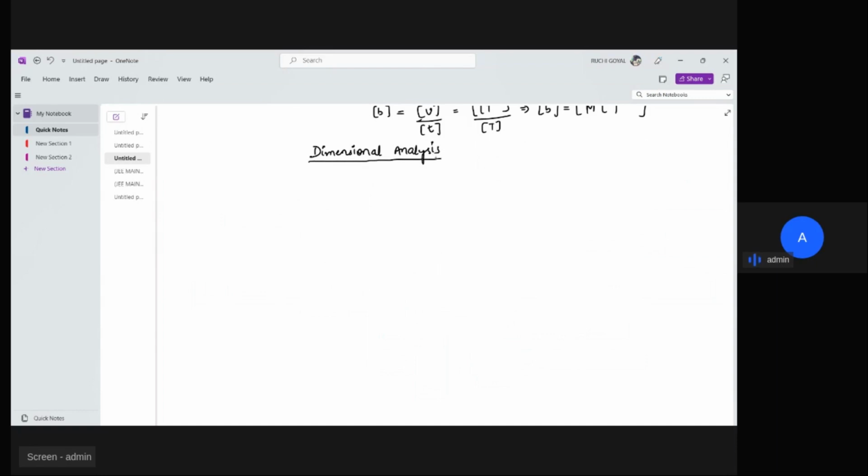For dimensional analysis, we have to derive the relations between physical quantities.